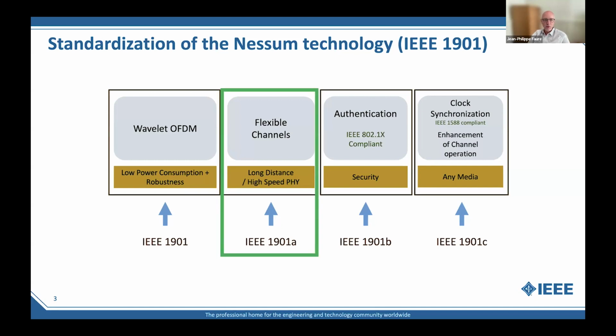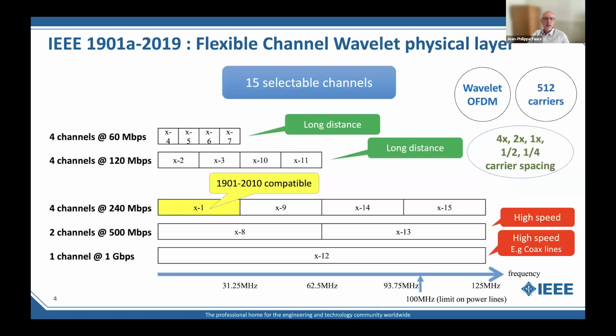So let's go to the flexible channel amendment. It looks like that we have 15 selectable channels in the technology. They are based on the wavelet. And so you see the width of the channel depends. Sometimes we have big channels covering a wide spectrum of frequencies, and we provide high speed.